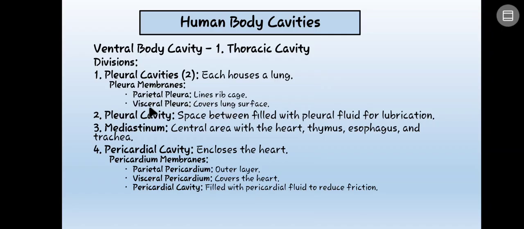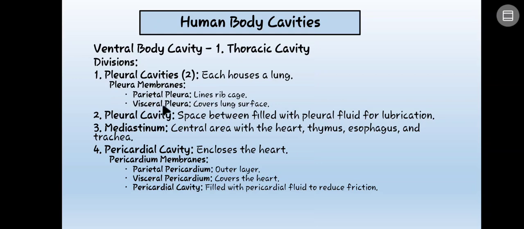The membrane that actually covers the lungs themselves, before they lie in the parietal pleura, we call the visceral pleura. In the descriptive terms, we mentioned that visceral means it is related to an organ. So anytime you see the word visceral, it means the membrane has to do with closeness to a certain organ. Visceral pleura covers the lung surface.